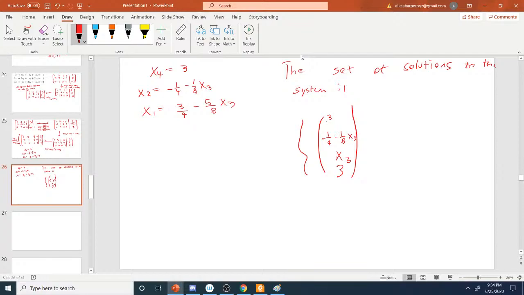And x1 is 3/4 minus 5/8 times x3. And x3 can be any real number. And so that solves our linear system. Okay.